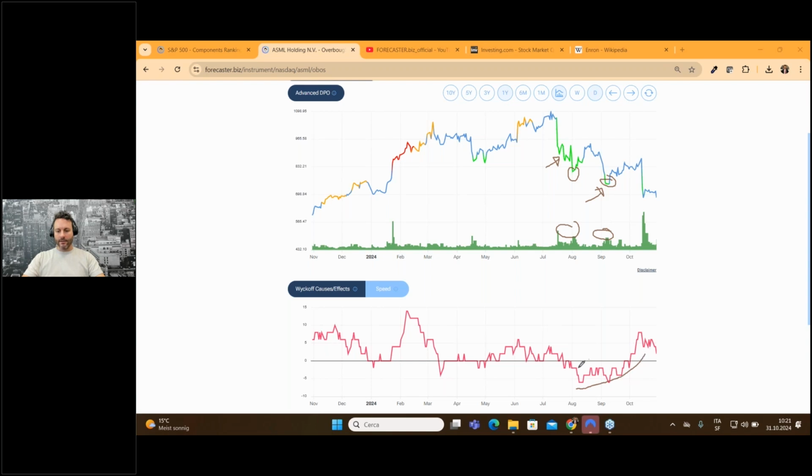Look at our indicator, the Wyckoff: starting from August, the share dropped and dropped and dropped again, but at the same time, the number of buyers is increasing against sellers. Okay, so we had a downward movement, but with a number of buyers which is increasing. And this is why we decided to get inside this company.